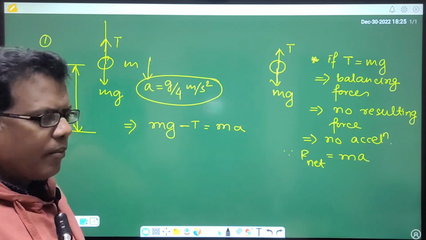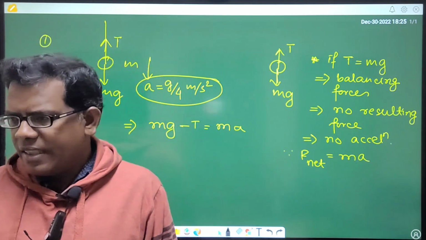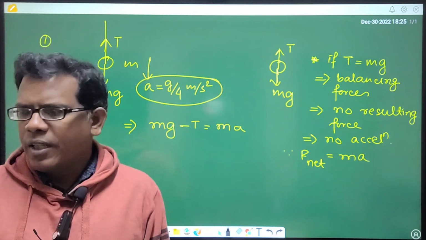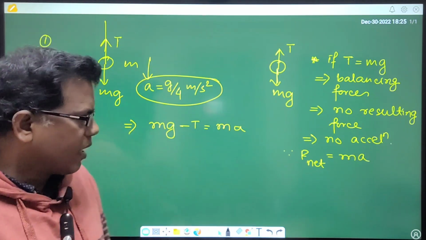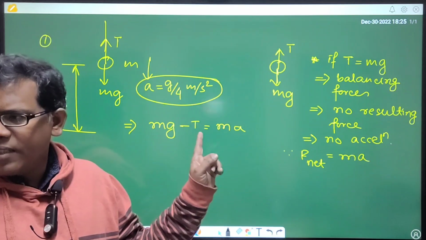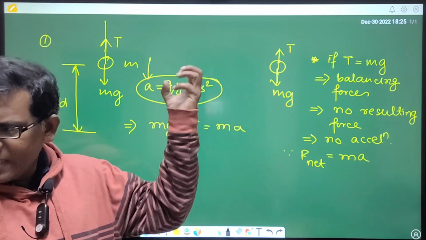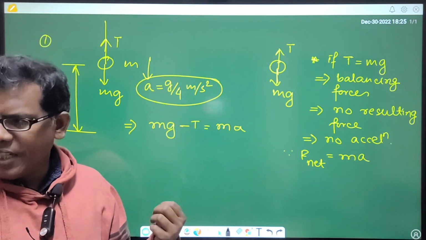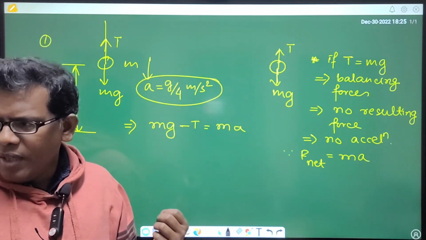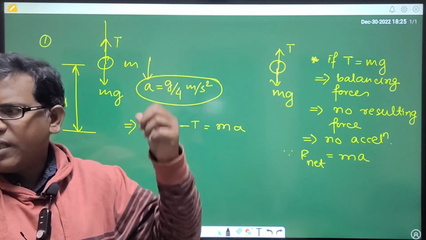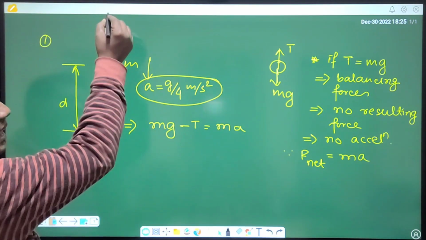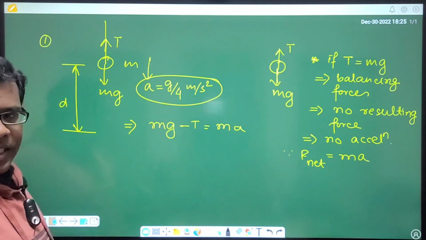This gives a basic understanding that the downward force is more in value than the upward force. That's why I am writing downward force minus upward force, as it is going downward. The force in the direction of the motion will be positive, and the force in the direction opposite to the motion will be negative. T is acting upward against the motion, that's why T is taken negative.